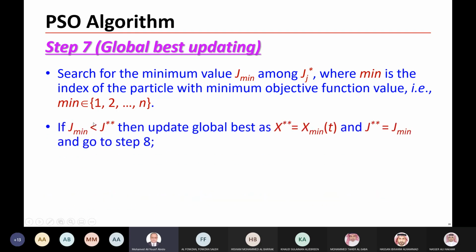So if J minimum is lower than the global best, then update the global best as X double star, the position of the global best, equal to the X corresponding to the solution of the minimum objective, and then you go to step 8. Else, if this is not the case, you go to step 8 directly without updating the global best. I hope you are following.